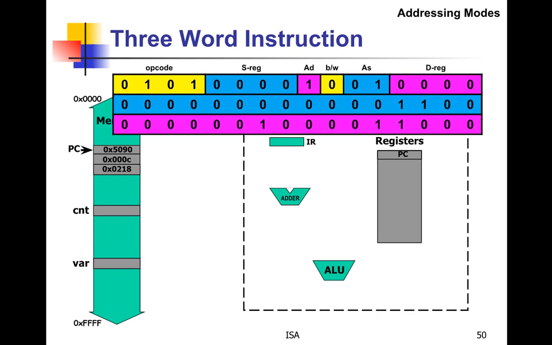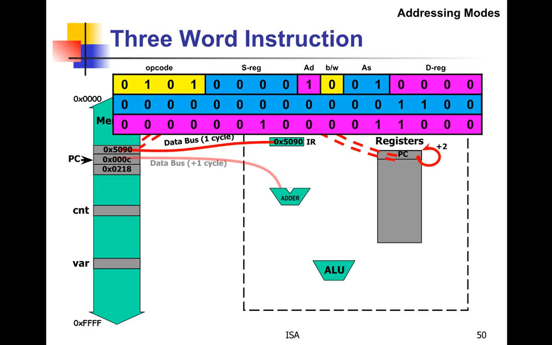So it takes 3 words to turn the assembly into machine code here. First, the PC goes out and grabs the machine code, and that's put in the instruction register. That instruction tells us we're going to need 2 more words. So first we increment the PC, move the PC down, go out and grab the next word, and put that into the adder, and then we increment the PC.